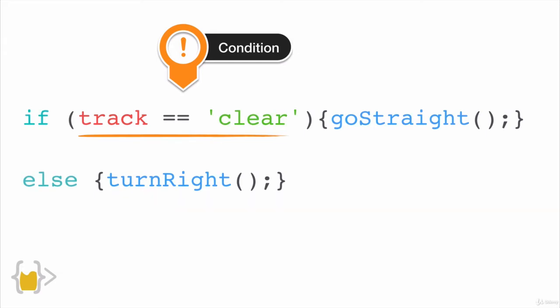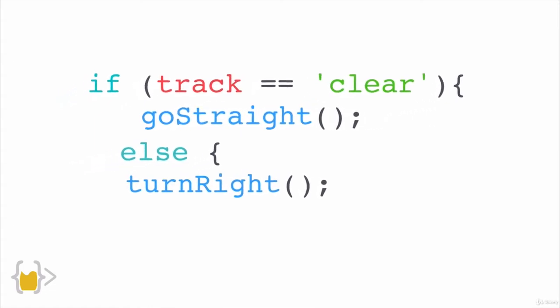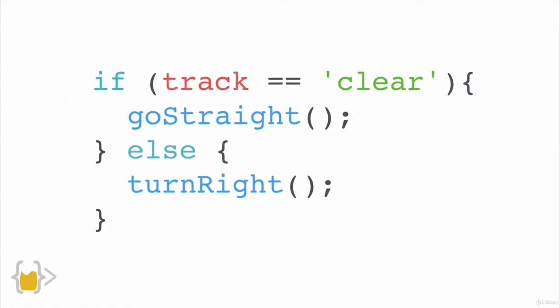Now, more commonly, you'll see if and else statements structured more like this, where we have our condition, and then a set of curly braces, and then we have our else and what to do if that condition is false. And this is what we did in our last lesson as well.